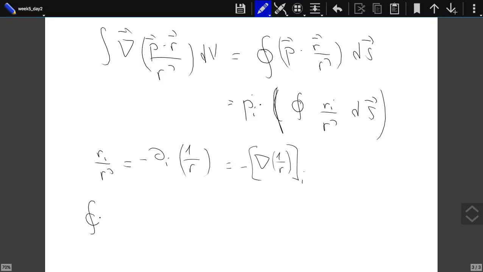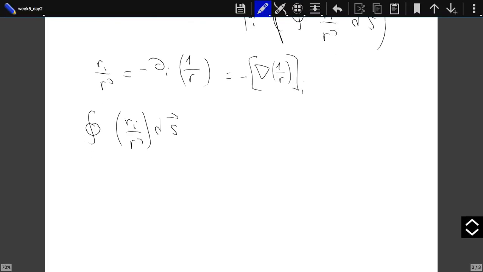Well, let's see. I have a surface integral of some scalar function. If it had been a vector function, it would have been great, right?